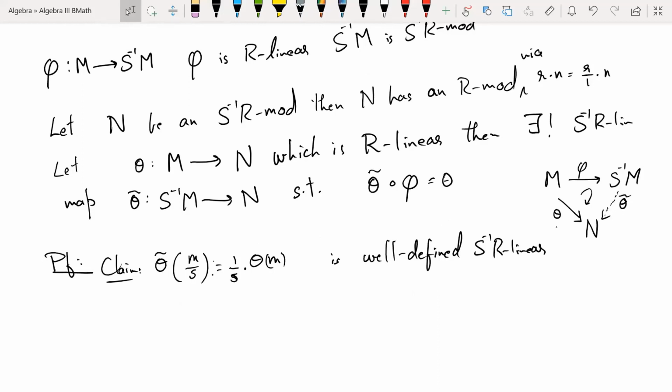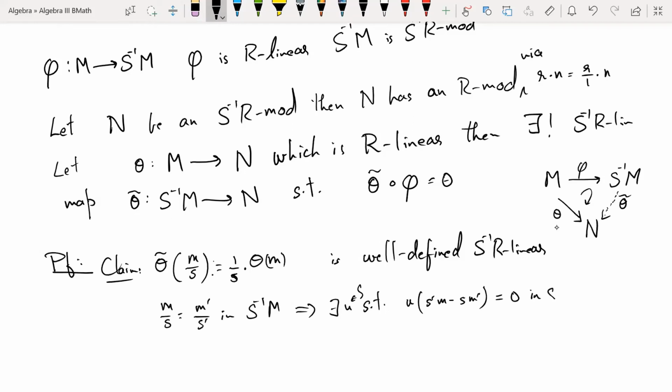M over S equals M prime over S prime in S inverse M implies there exists U in S such that U times (S prime M minus S M prime) is 0, not in S inverse M but in M. This identity holds in M. So you apply theta to it and still it is 0.